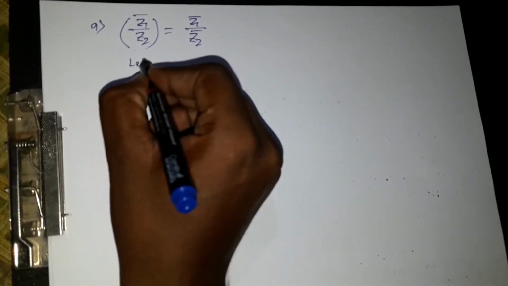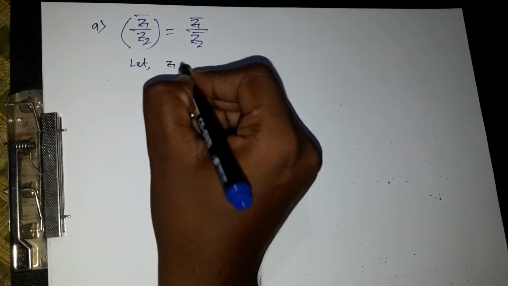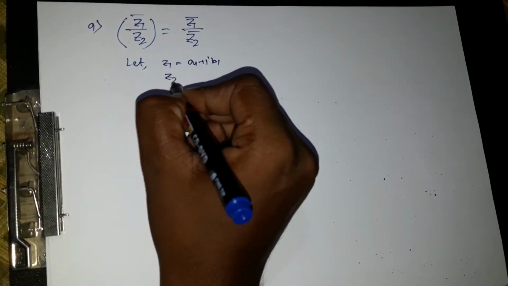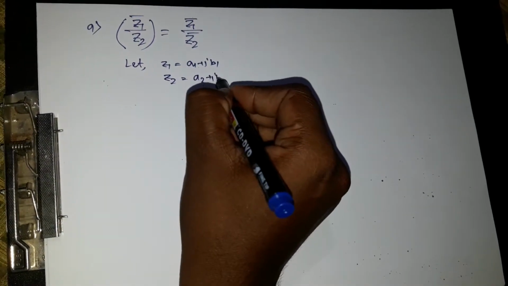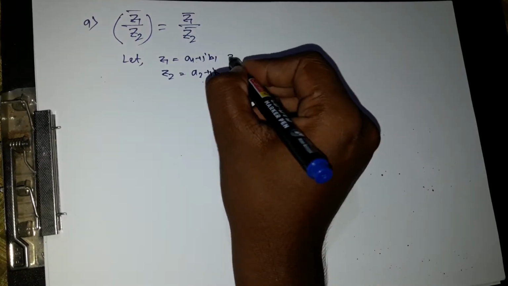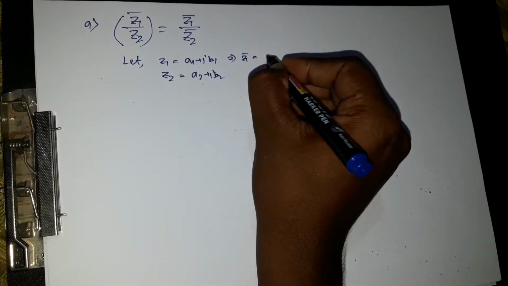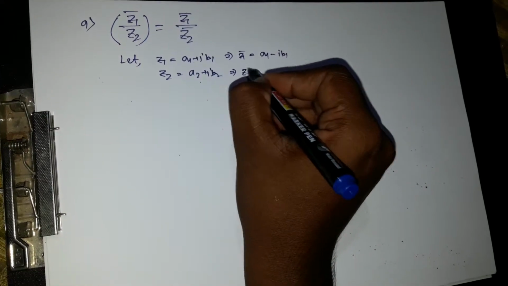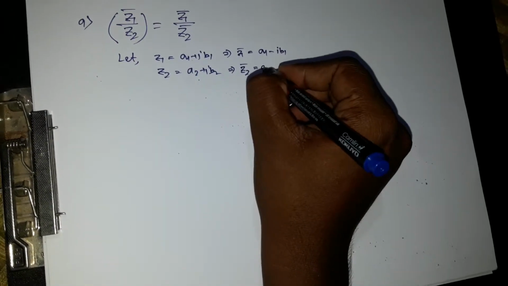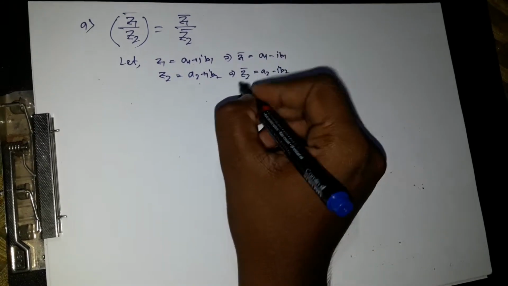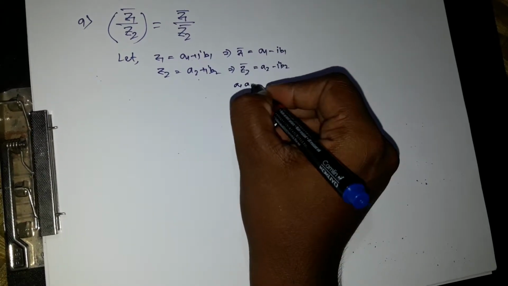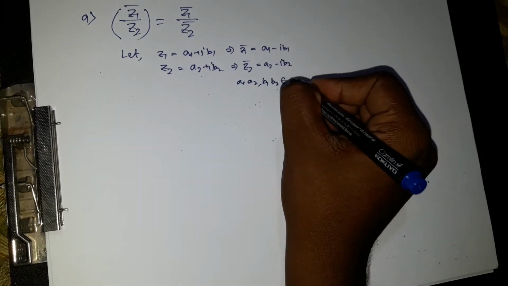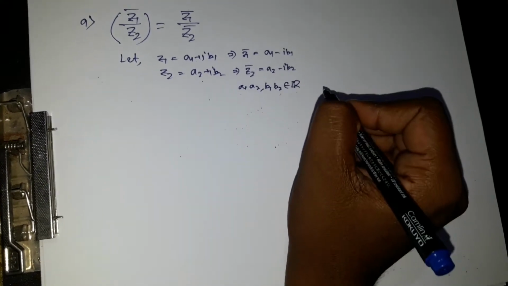Now let us suppose that z1 is equal to a1 plus ib1, z2 is equal to a2 plus ib2, which implies z1 bar is a1 minus ib1, and z2 bar is a2 minus ib2, where a1, a2, b1, b2 belong to the set of all real numbers. Okay.